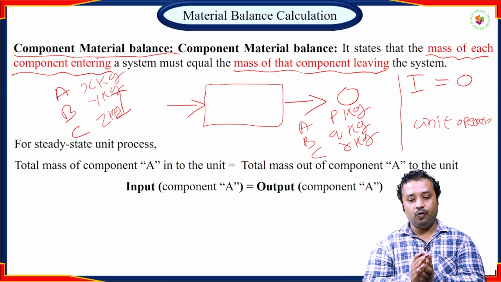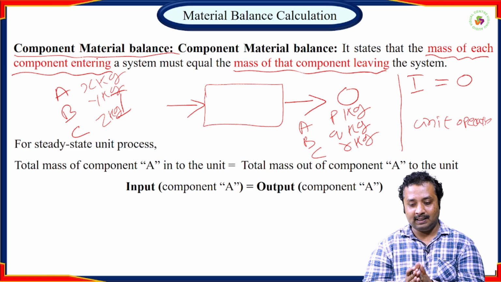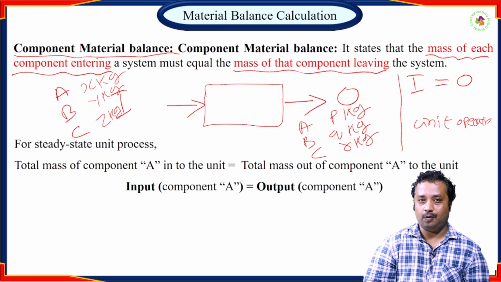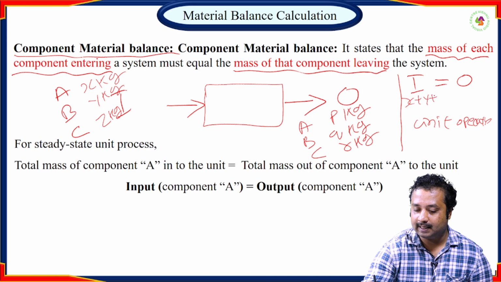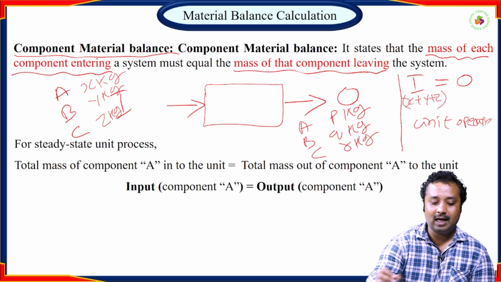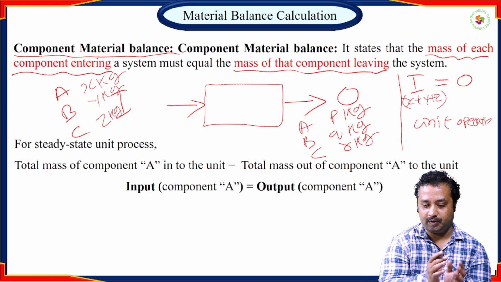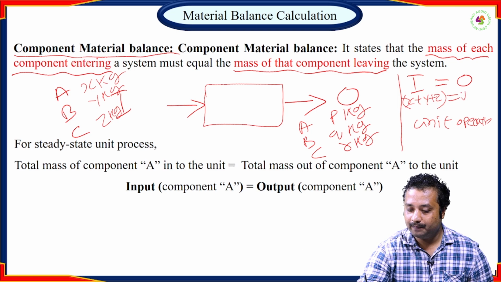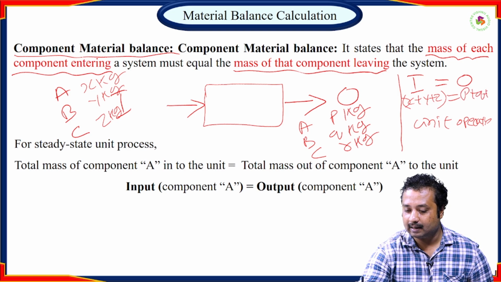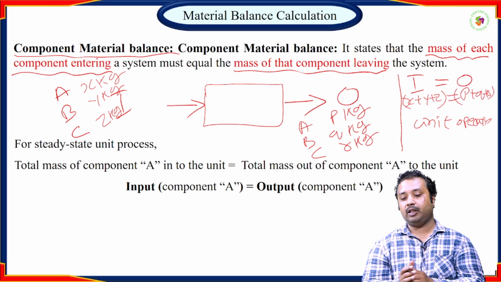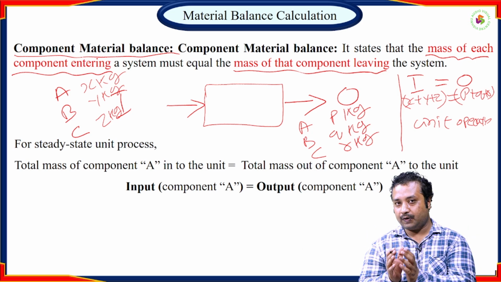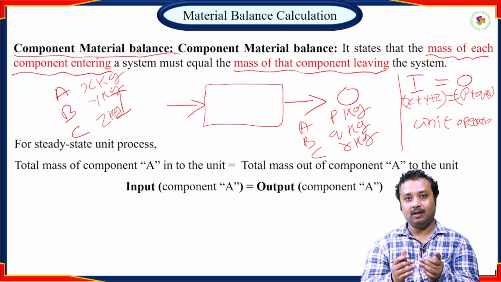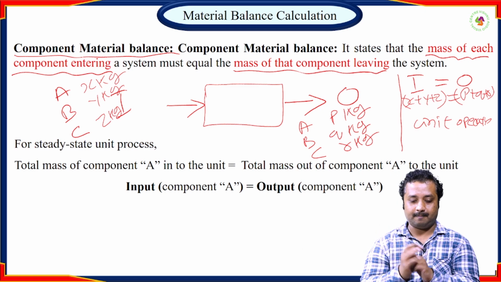Then according to overall material balance, input is equal to output. It means X plus Y plus Z, the total amount of material input, is equal to P plus Q plus R, the total amount of output product. Total input should be equal to total output at steady state when there is no chemical reaction.